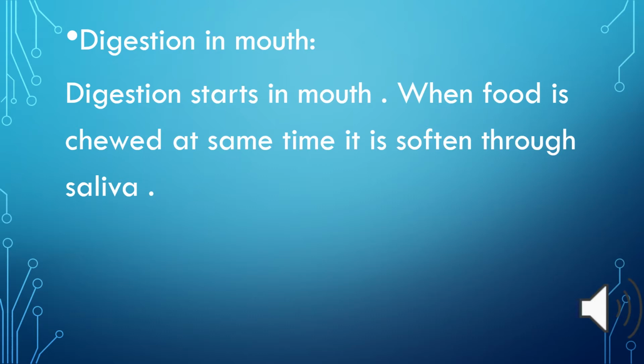The saliva has carbohydrate enzymes which digest complex carbohydrate, the starch in your food, into sugars. Now you will have a question in your mind: what is carbohydrate? The answer is that carbohydrate is a combination of two words.